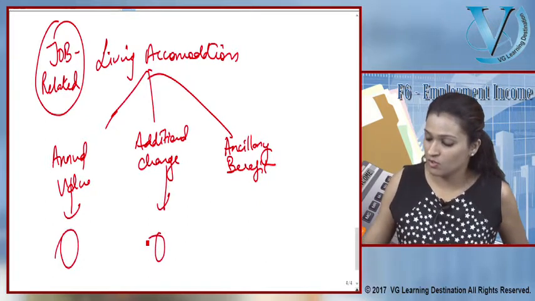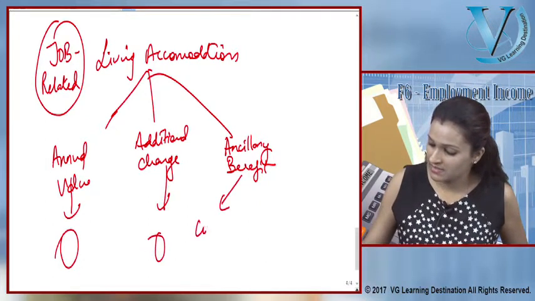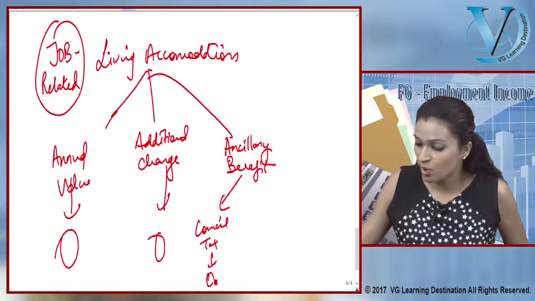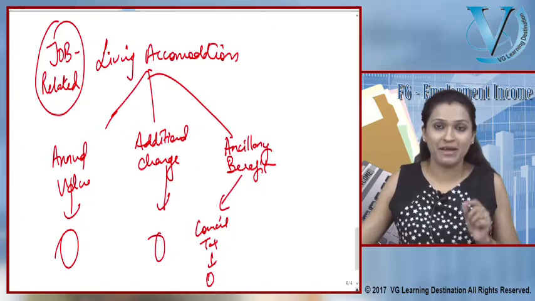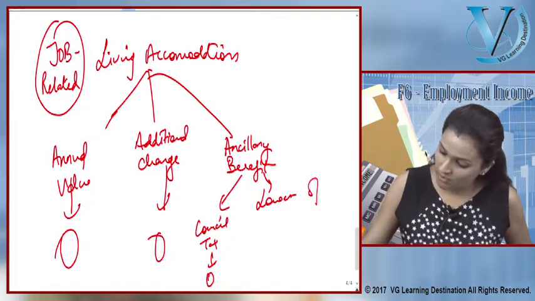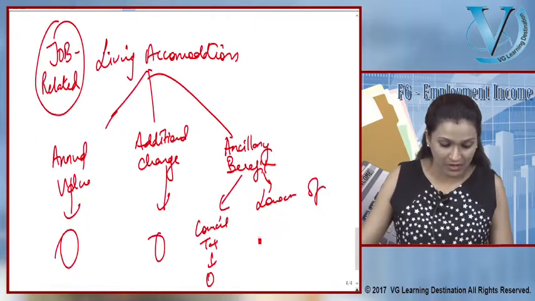This becomes zero. Council tax paid by employer becomes zero, and the remaining ancillary benefits are taxed at the lower of the two values, which is basically what?